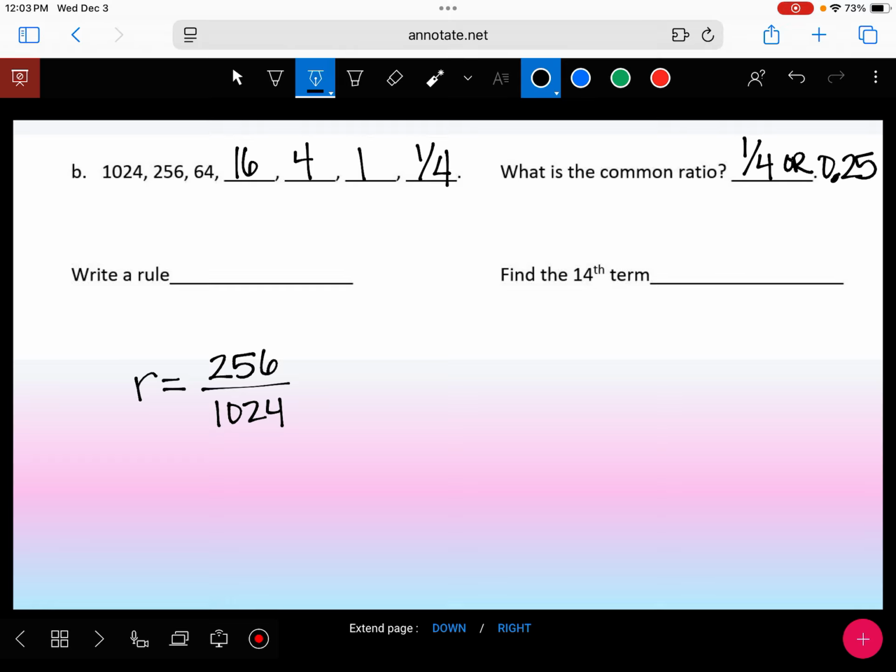And when you write your rule, you always start off with the first term. So arithmetic and geometric start off with the first term. So that's 1,024. And again, I'm going to write mine with a fraction. You can write yours with a decimal. And now use that rule to find the 14th term.